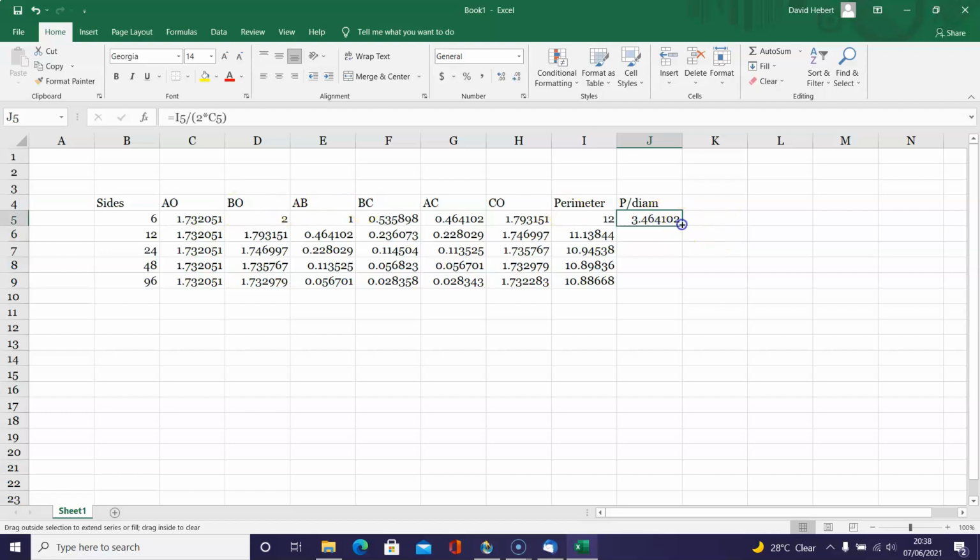And if I were to pull this down, we're hoping to get values closer to pi. And notice we're at 3.1427 at 96 sides. Now, Archimedes did this, and when he did it, he wound up with a fraction over here.